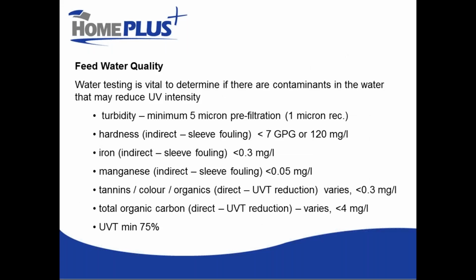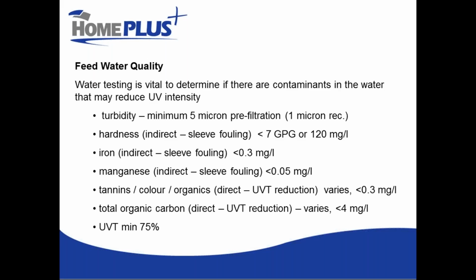So feed water quality, as I mentioned, is really important, and these guidelines will vary a little bit from manufacturer to manufacturer, but for the most part, these guidelines are pretty tried and true for most UV sterilizers on the market. First of all, we want to make sure we don't have any sediment particles that could cause that umbrella effect and block any UV transmittance.